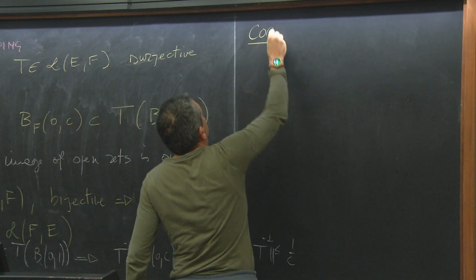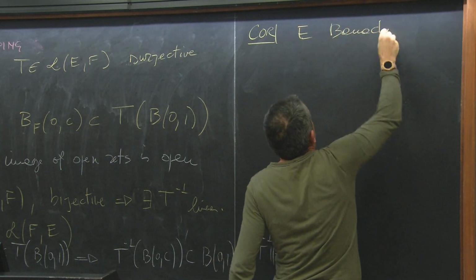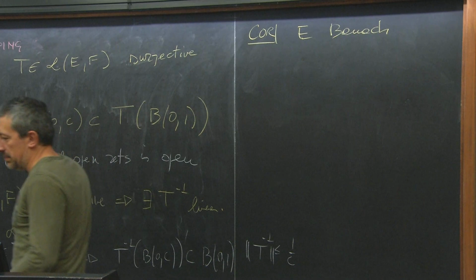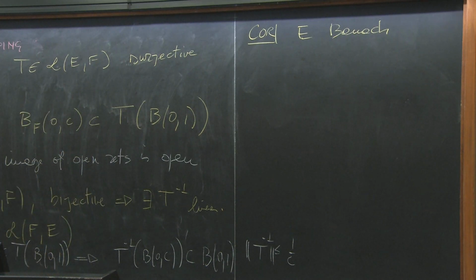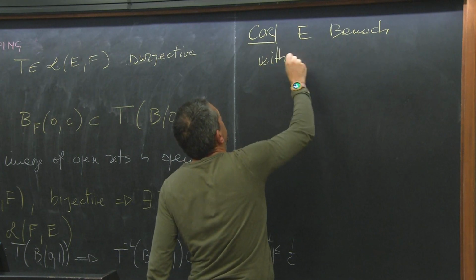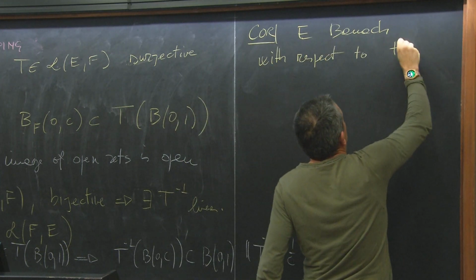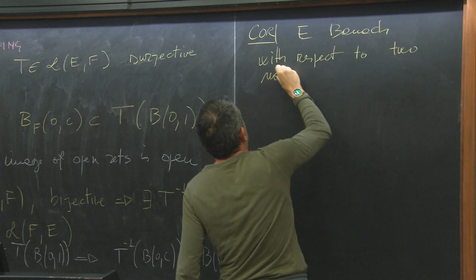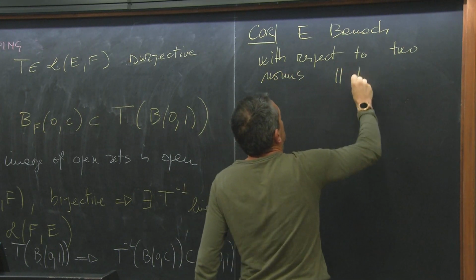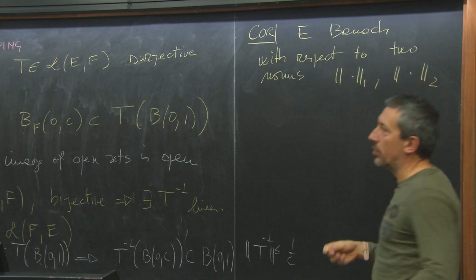Corollary: E Banach with two norms, norm 1 and norm 2.